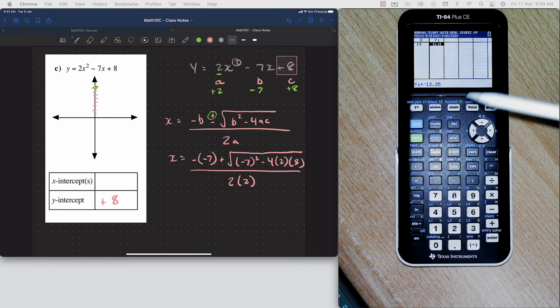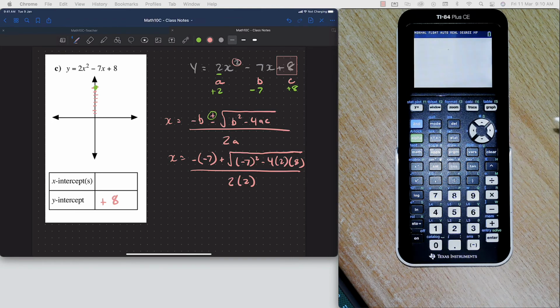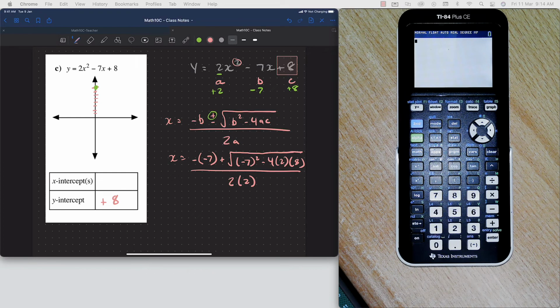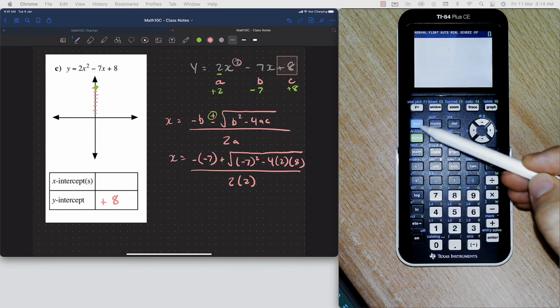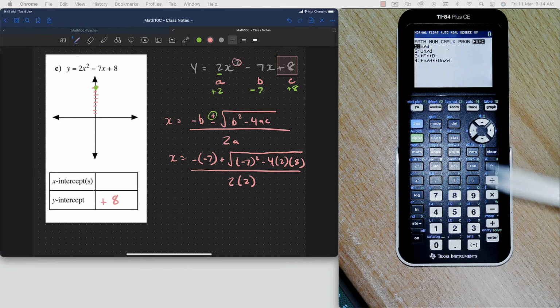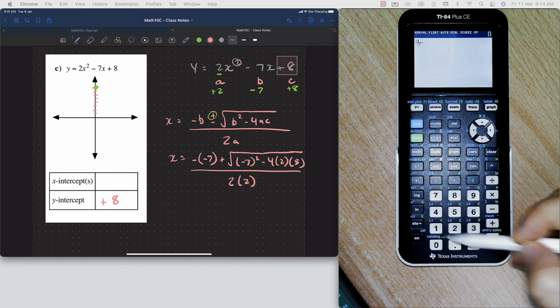So if I turn this on, we'll go to this function right here, clear the screen. Okay, so let's punch this in. I get a negative 7, so really that's just a 7. But notice that that is set up as a fraction, so it's probably best if we go into math, move over to the fraction menu and select number 1. And then I can start off with a negative 7, but I can also just punch it in exactly like I see it right there.